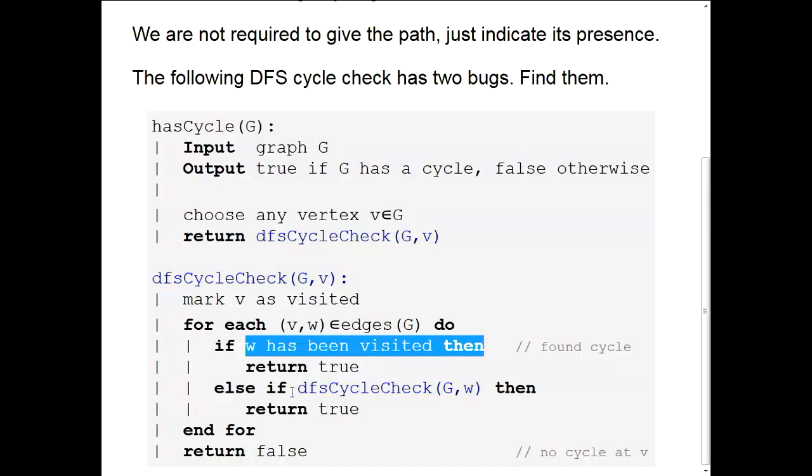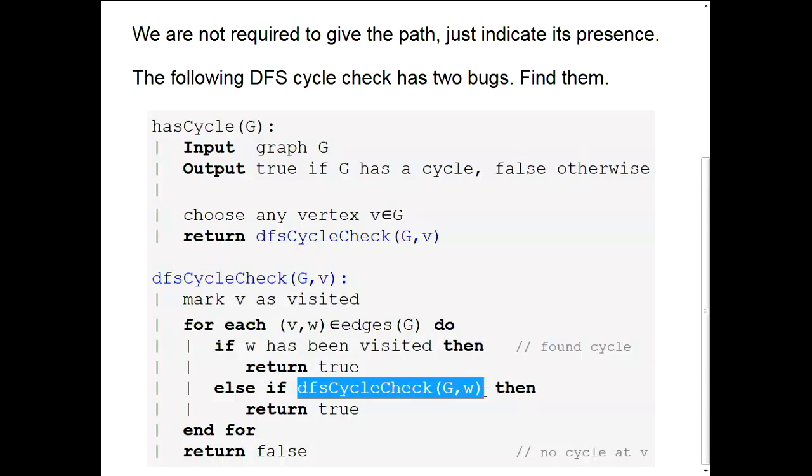So think of the triangle. You start here, you go there, then you go to this vertex, and then you go back to the vertex that you started with. Then if the recursive search returns true, eventually we go back to a visited vertex, then the answer will be true. And only if we can't possibly find or go back to any visited vertex by doing this, then this algorithm returns false.